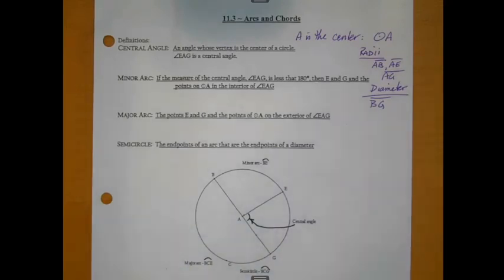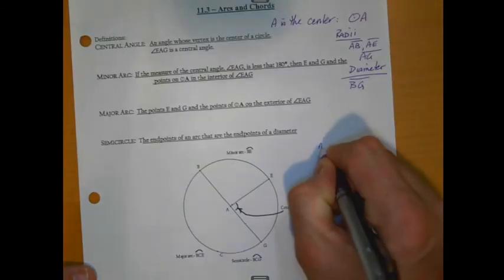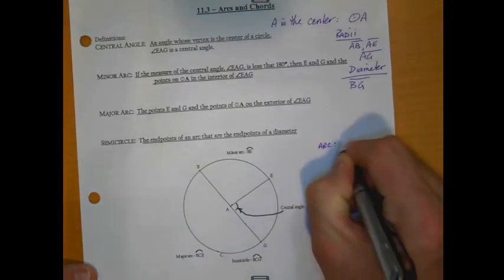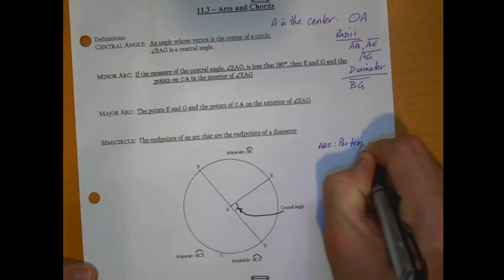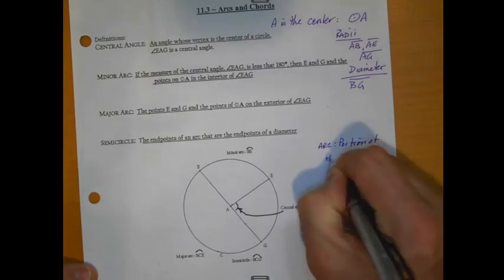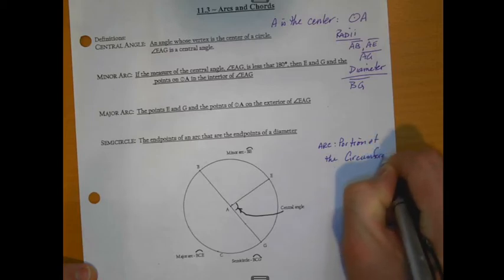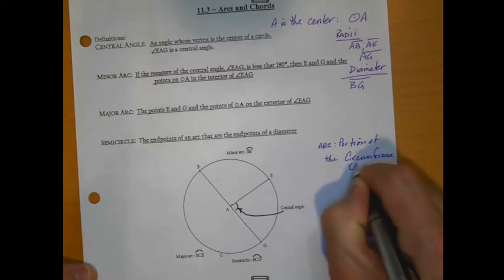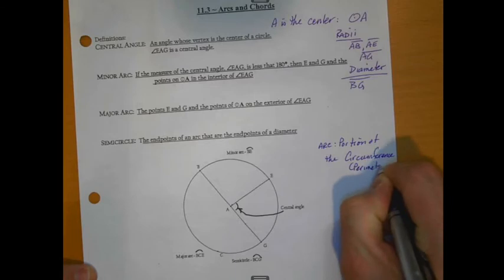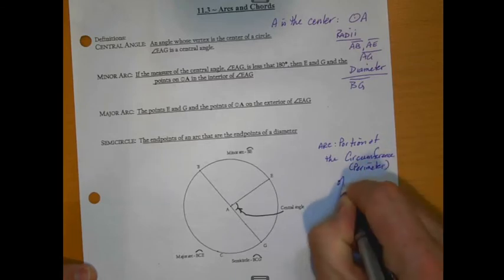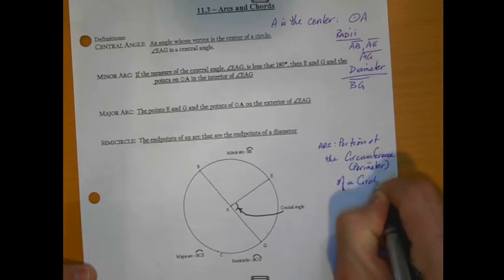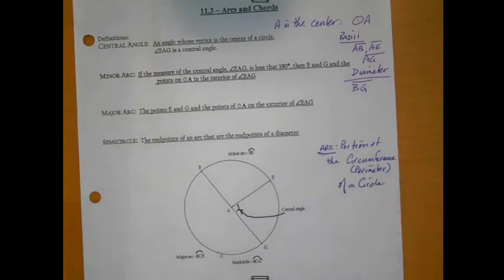And an arc is a portion of the circumference, a fancy term for perimeter, of a circle. Circumference is the outer part of the circle.